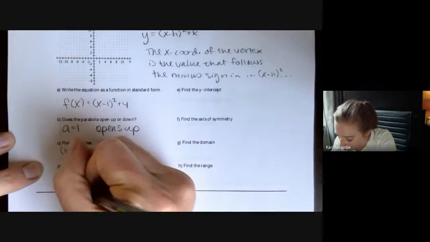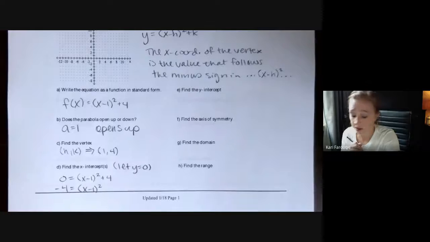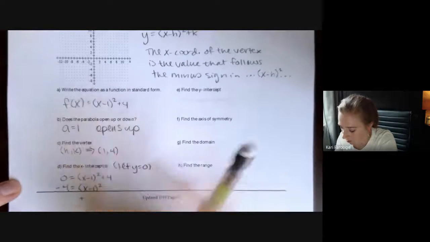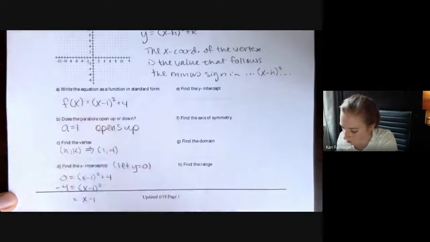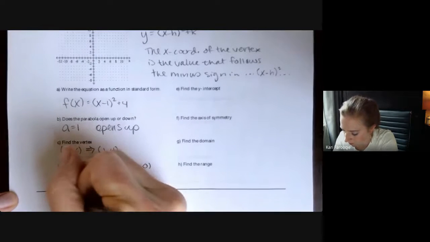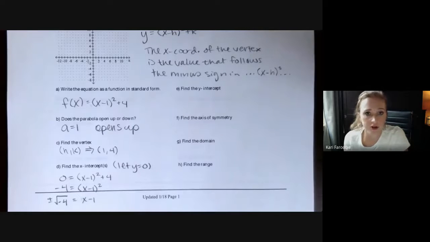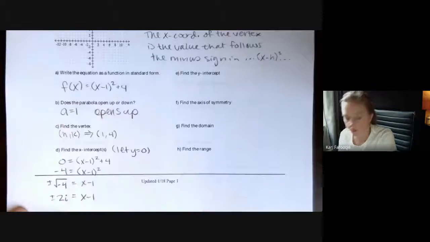Now notice that when you do this, you end up in a pickle because you have -4 equals some quantity that's being squared. Well, when you take a plus or minus on the left-hand side to get x minus 1 by itself, then you end up with plus or minus the square root of -4. Now, if I asked you to just solve the equation, that would be fine. You would get plus or minus 2i equals x minus 1.